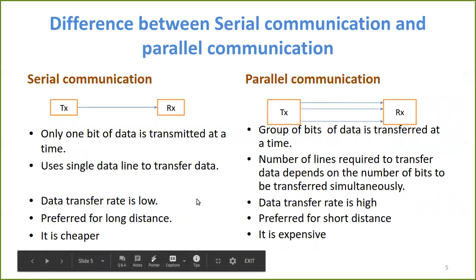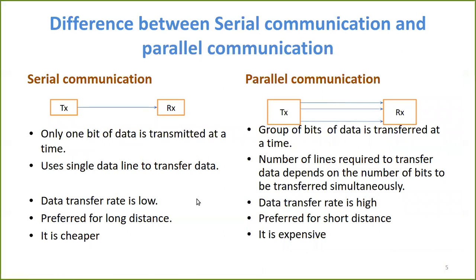What we have seen in the previous figure is the difference between serial and parallel communication. In serial communication, we have a transmitter and a receiver, and only one single data line connected. Whereas in parallel communication between transmitter and receiver, we have many lines, equal to the size of the data bits being transmitted.